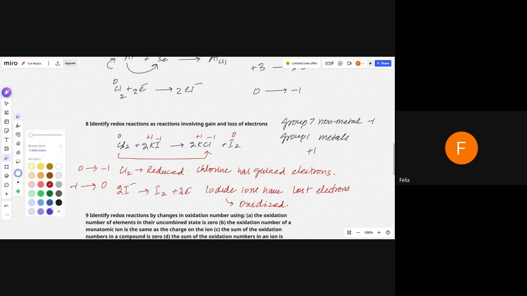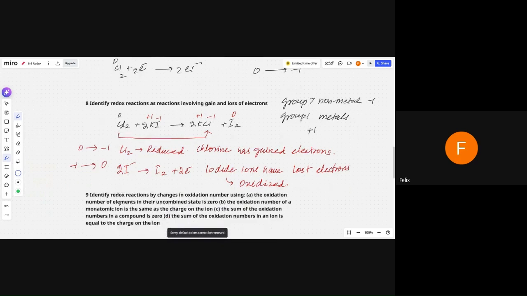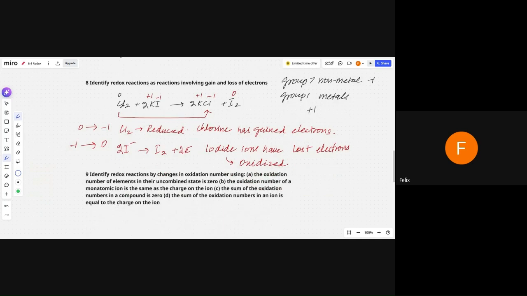We move on to the next one, which states: identify redox reactions by changes in the oxidation number, using the oxidation number of elements in their uncombined state, which is 0, and the oxidation number of a monoatomic ion. Now they want us to explain the rules, so let us take a look at the rules.